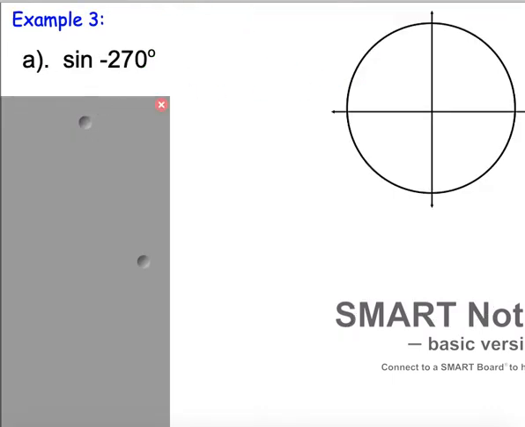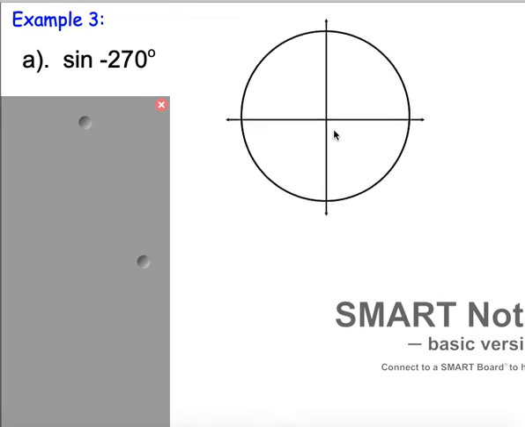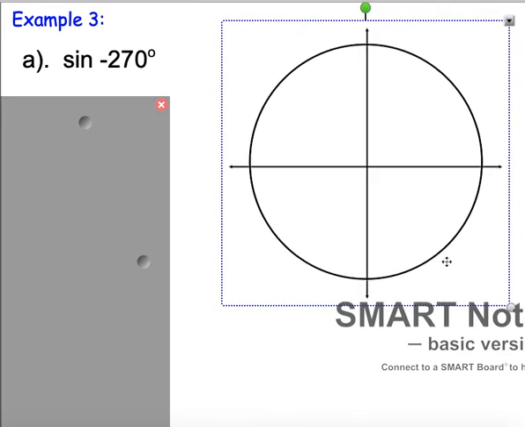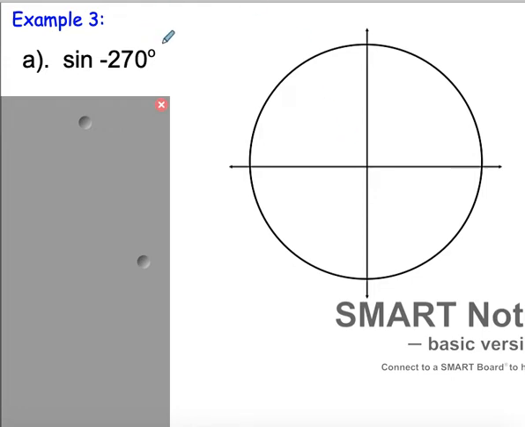So this is where it gets a little interesting, so I would pay attention. Now, if you're on one of the axes, so for instance negative 270, if you add 360 to that, that's a 90-degree angle, right? Or if you go down 90, 180, 270, so we have this angle right here. So it's coterminal with 90.